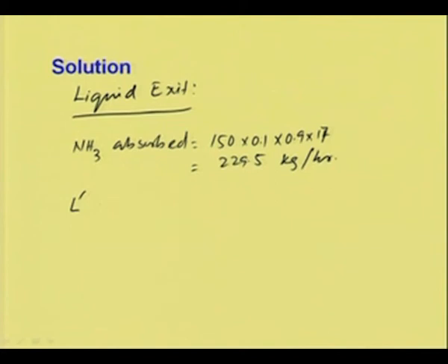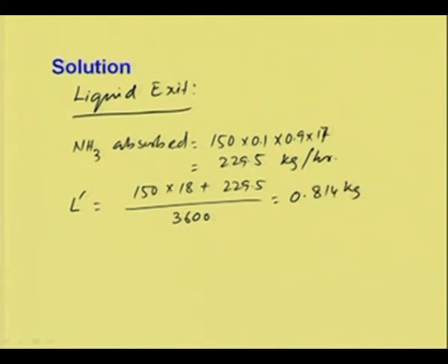L dash is 150 into 18 plus 229.5 by 3600. So, this is equal to 0.814 kg per second, and the density of the liquid is given as 1000 kg per meter cube at 298 Kelvin.